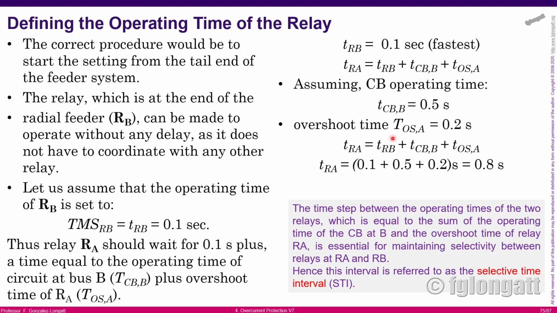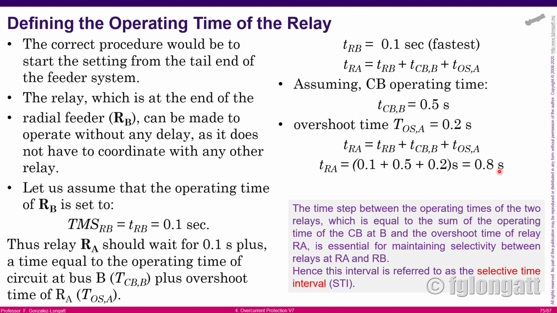For relay A, it will be 0.1 coming from the operation of the relay, 0.2 coming from the operation of the circuit breaker, interrupting the current and extinguishing the arc, and then 0.2 seconds that is the overshoot time. Finally, the time used for relay A to operate will be 0.8 seconds.